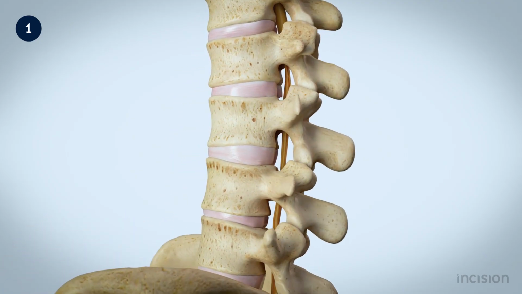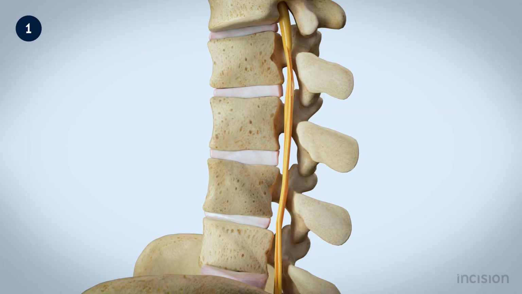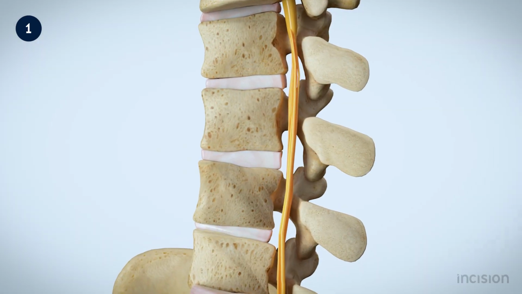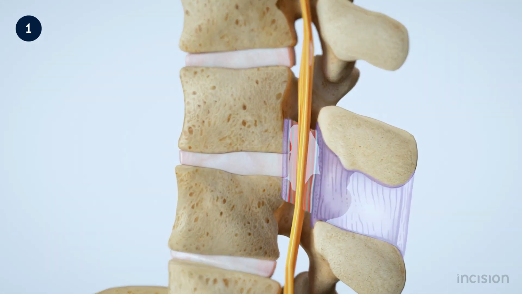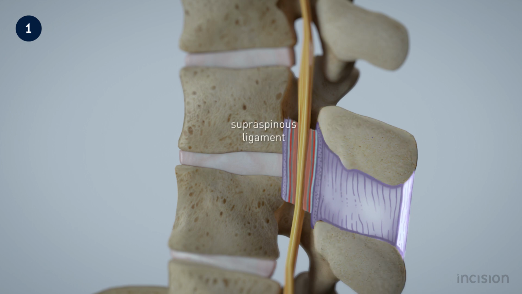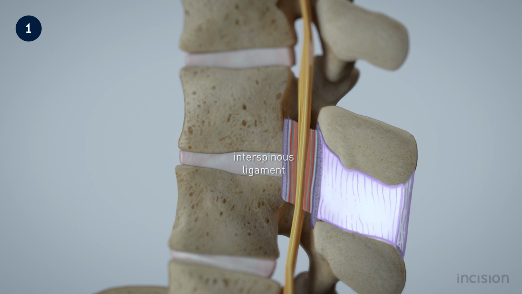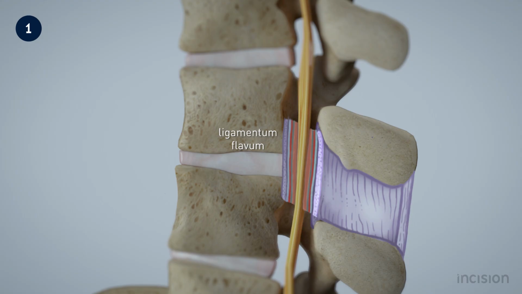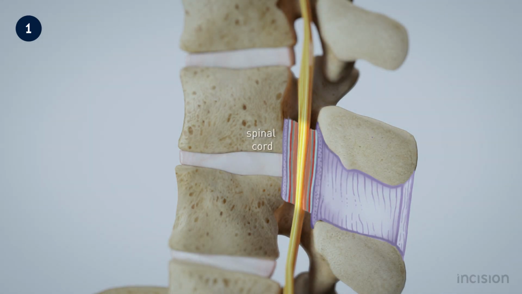In this position, a schematic will be used to demonstrate the relationship between the subcutaneous tissues traversed by the spinal needle. Take note of the spinous processes of the vertebra, the supraspinous ligament, the interspinous ligament with the interspinous space, the ligamentum flavum, the dura mater and closely adherent arachnoid matter, the subarachnoid space containing CSF and into which the local anesthetic is injected, the spinal cord, and finally the posterior longitudinal ligament.